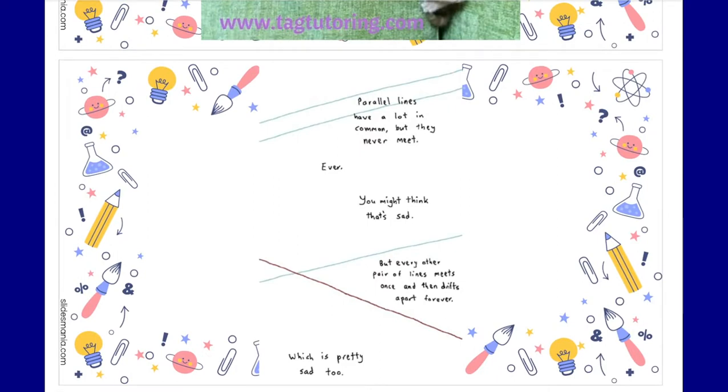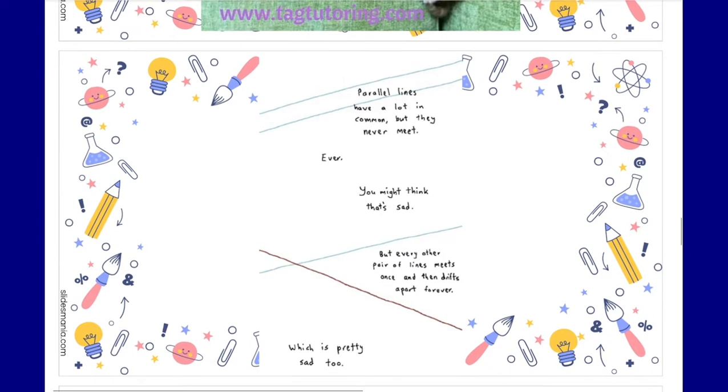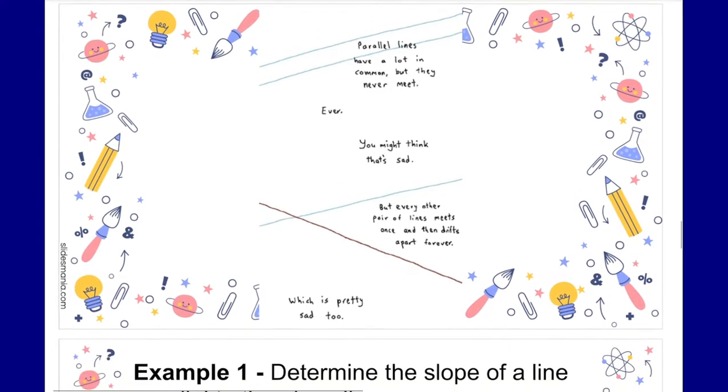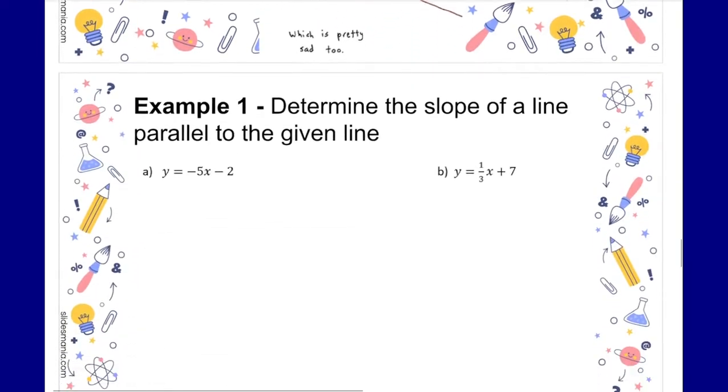Parallel lines have a lot in common, but they never meet, ever. You might think that's sad, but every other parallel line meets once and then drifts apart forever, which is pretty sad too. But not to get on a down note, let's do something a little more uplifting, such as examples.